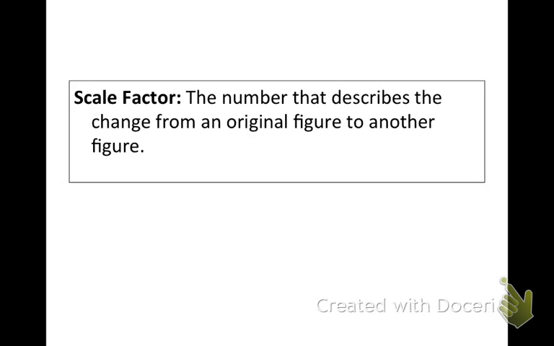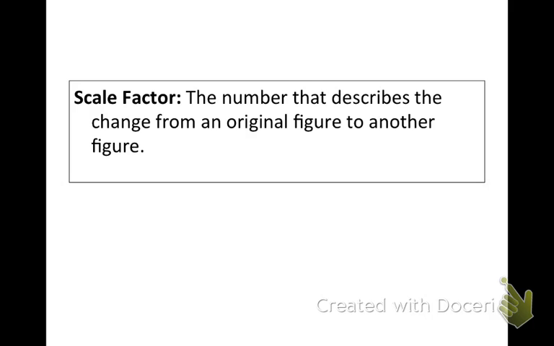Okay, so when you have similar polygons, what you're going to end up having is what's called a scale factor. So the scale factor is the number that describes the change from an original figure to another figure.